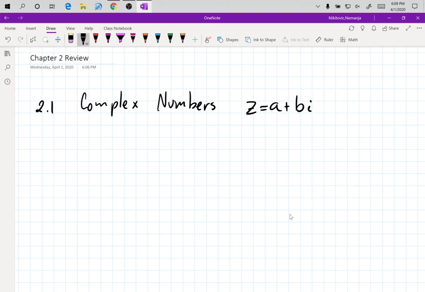You have a real dimension, imaginary dimension, and those numbers were used as a root, right?